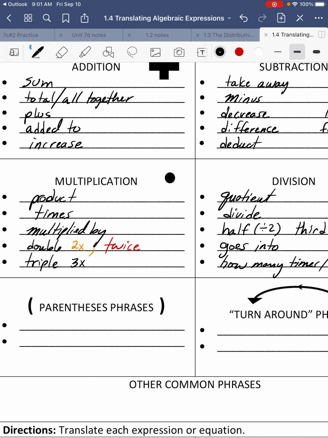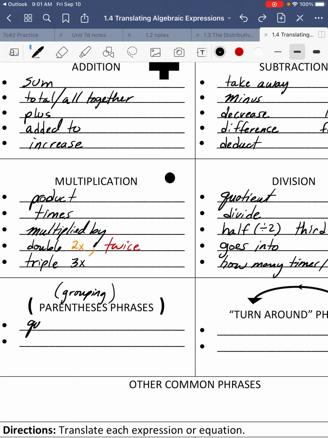All right, parenthesis phrases. So these are ones that you are going to use parentheses, grouping symbols, with. So these would be squared. Just kidding, not squared.